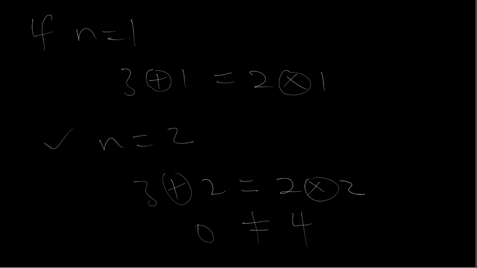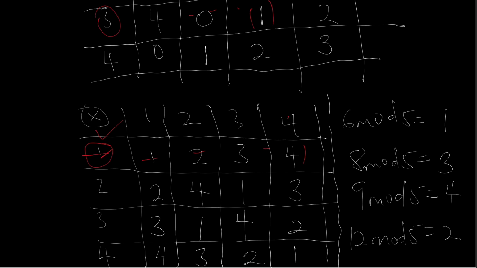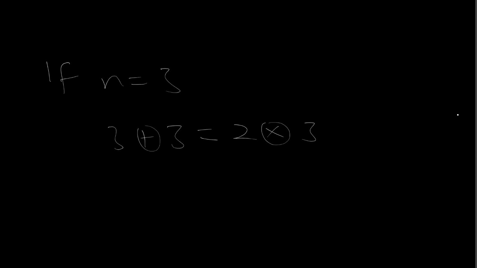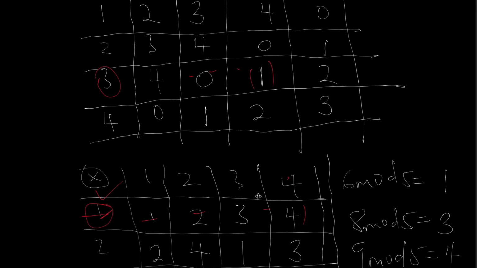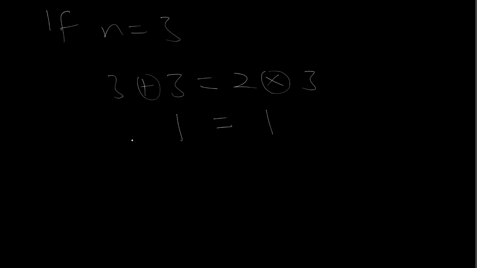So we move on to the next value. If n is equal to 3, then we are saying that 3 plus 3 should be equal to 2 times 3. 3 plus 3 is 1, and 2 times 3 is also 1. So we can see that 3 satisfies the expression. And so our n is equal to 3.